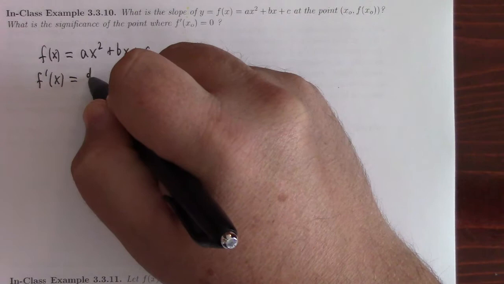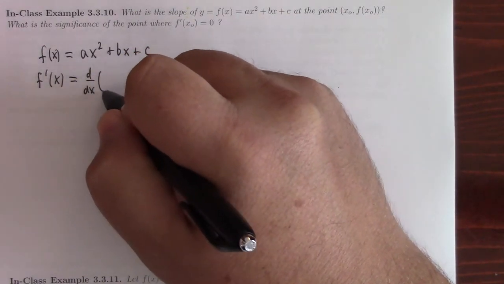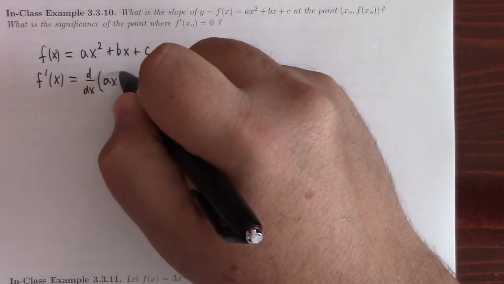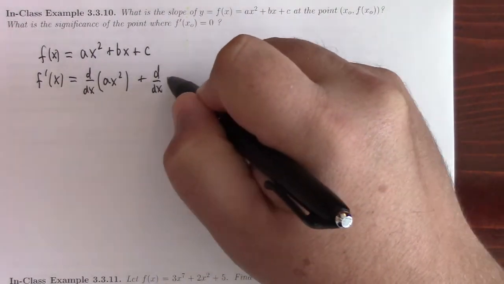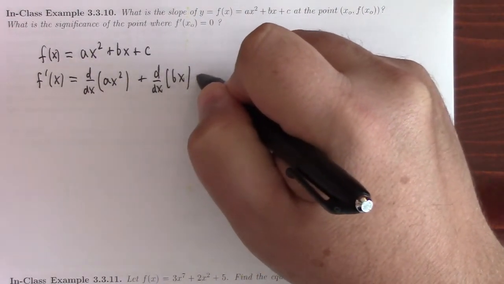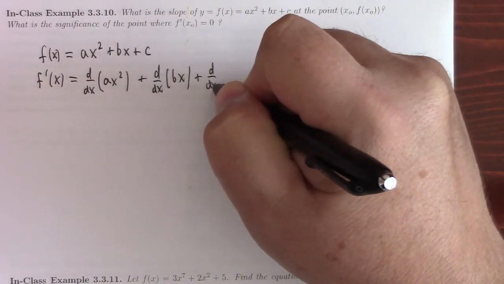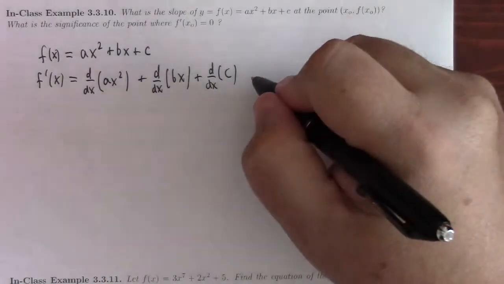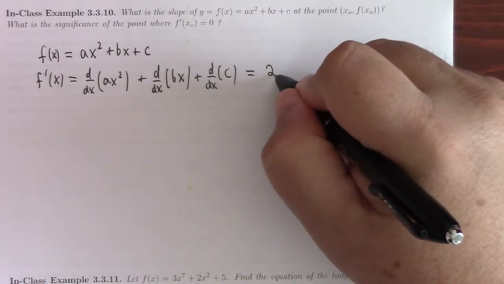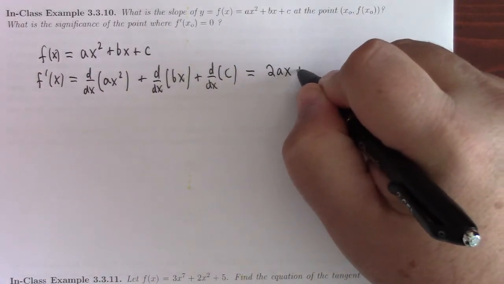is d/dx of ax squared, d/dx of bx, d/dx, of course, of c, which is going to give me 2ax plus b.